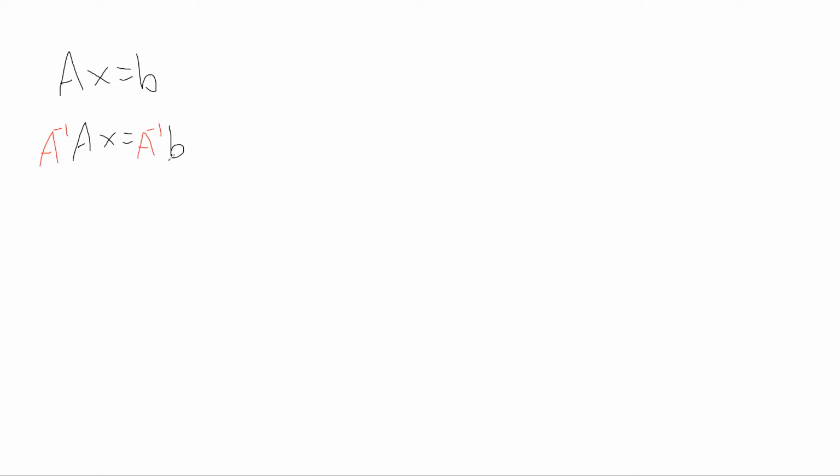What we're doing here is called left multiplication, meaning we are multiplying the matrix on the left-hand side of the equation. Of course, you can do a right multiplication, but it's not going to serve our purpose in this case.